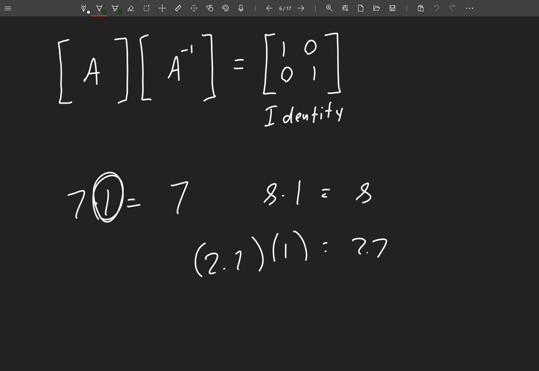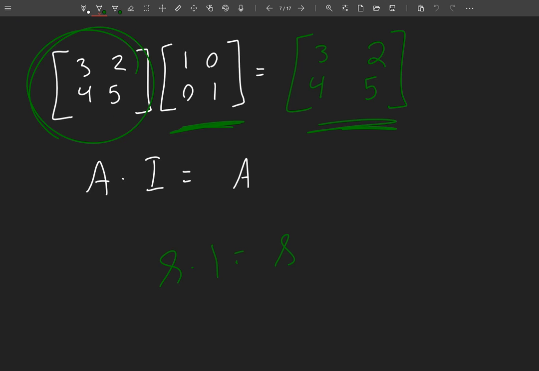So now what we need to do is verify that if you do this business, A times A inverse, it's going to give me that identity. So let's try that. I'm going to give you a matrix A. Let's make it 5, 2, 3, and 2 also.